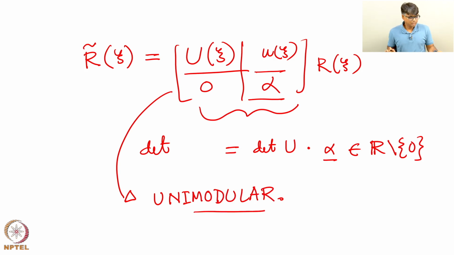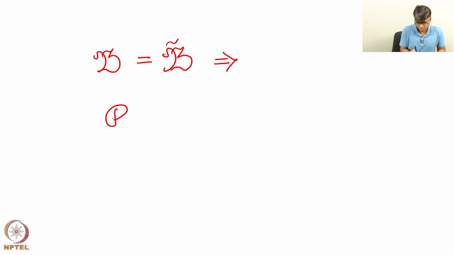What have we proven? That as long as we are interested in C infinity trajectories for square systems of linear ordinary differential equations with constant coefficients, two behaviors are equal if and only if the modules that their rows span are equal. So B is equal to B tilde implies now R is equal to R tilde.